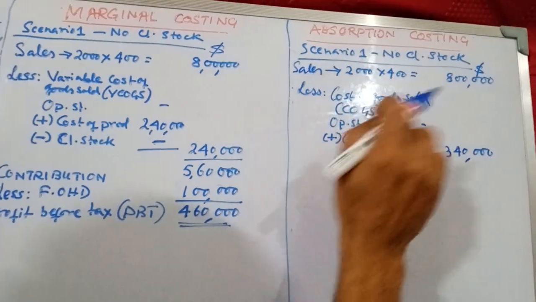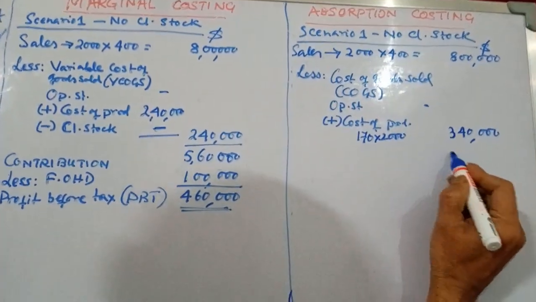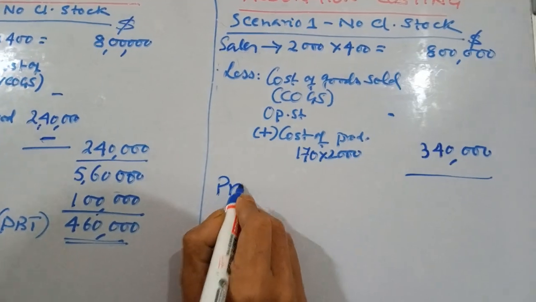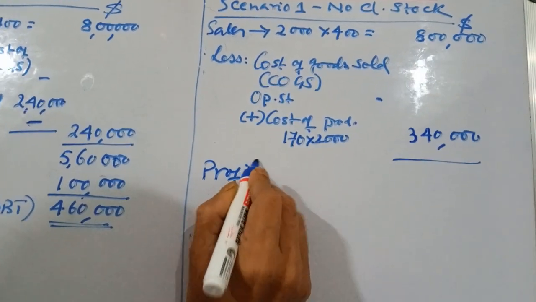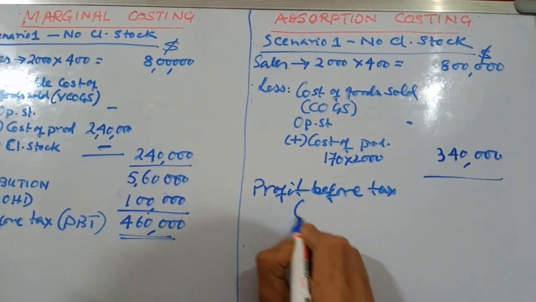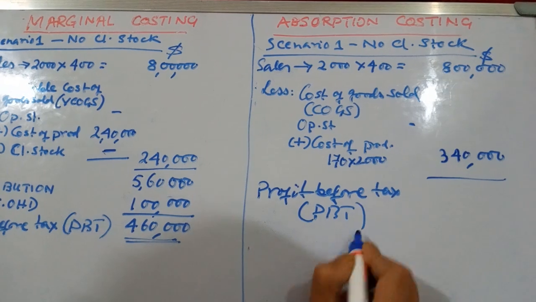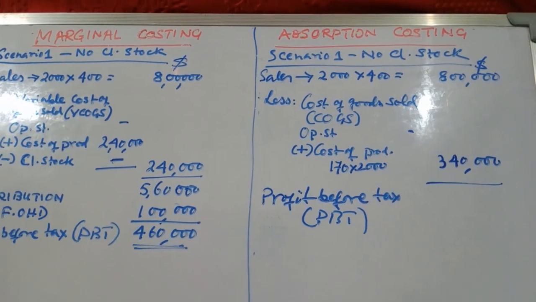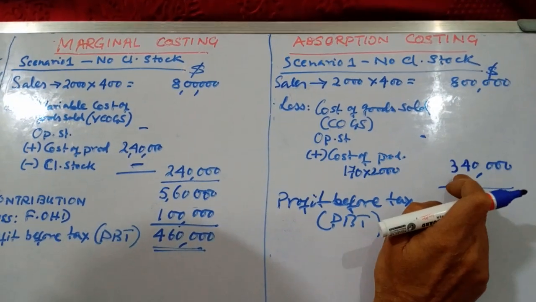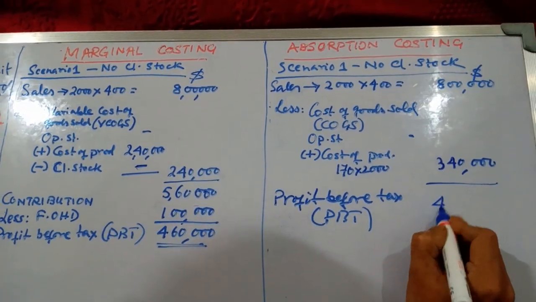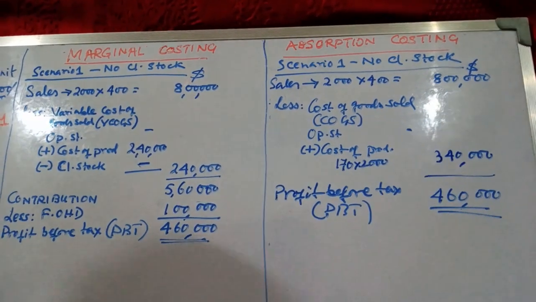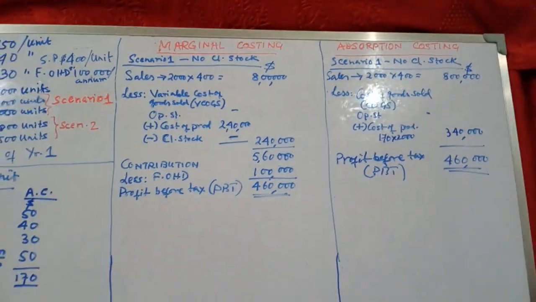So sales minus cost of goods sold gives us profit before tax, that is PBT. How much? 800,000 minus 340,000, so it comes to 460,000. Okay.